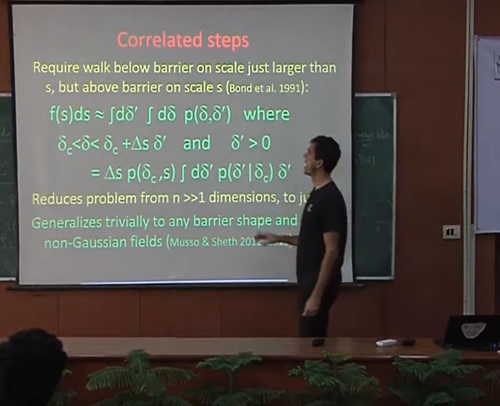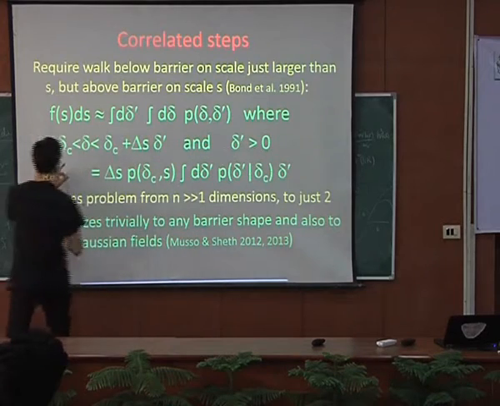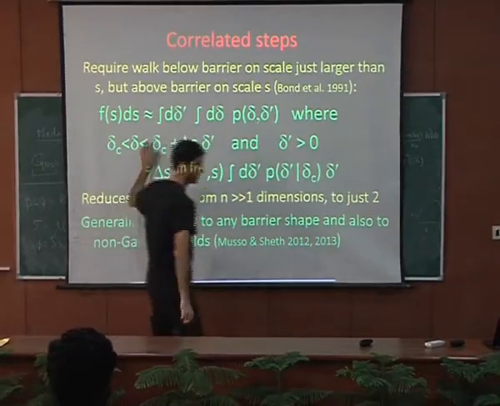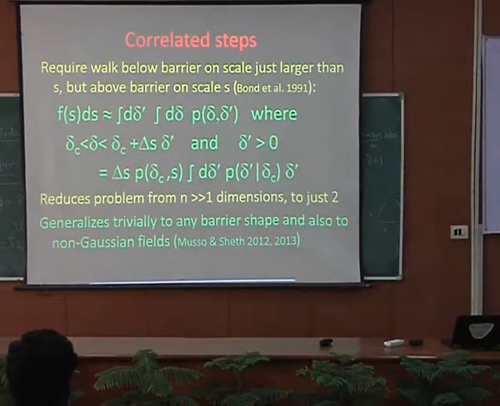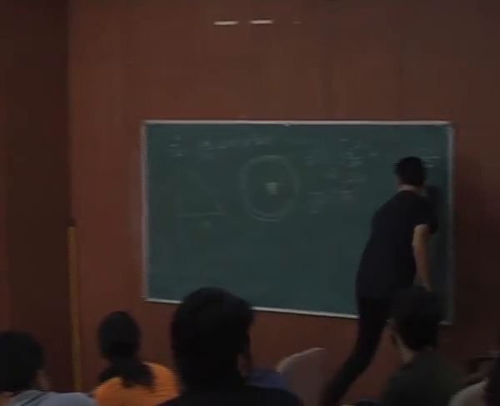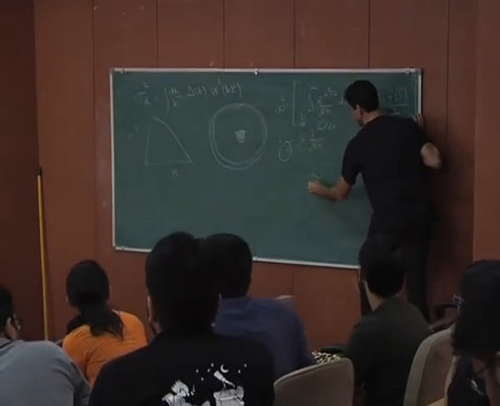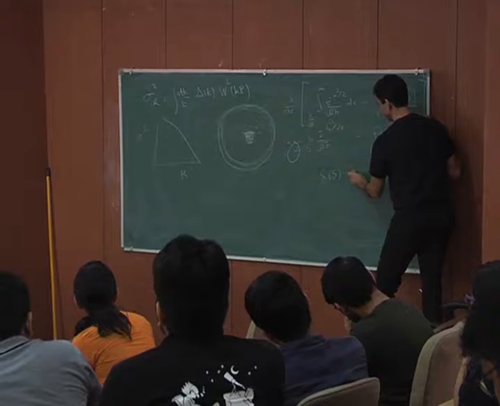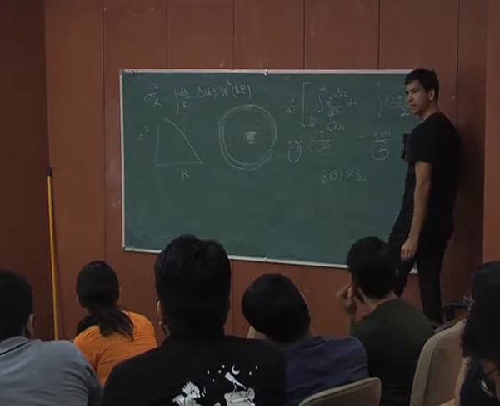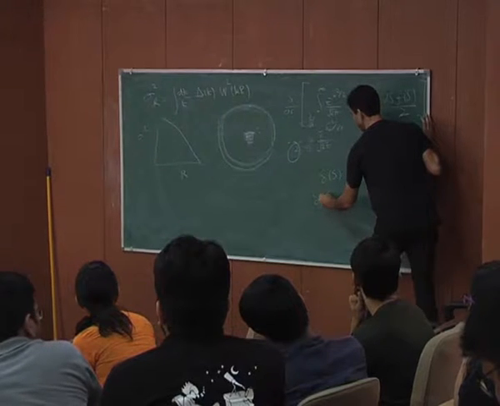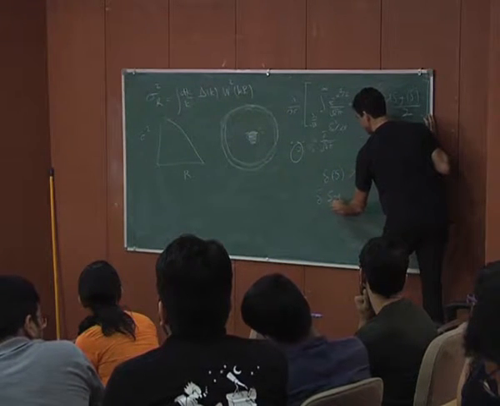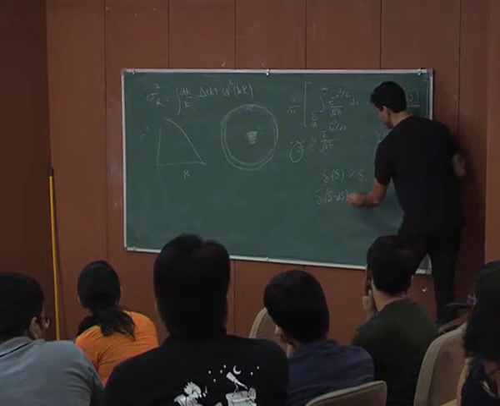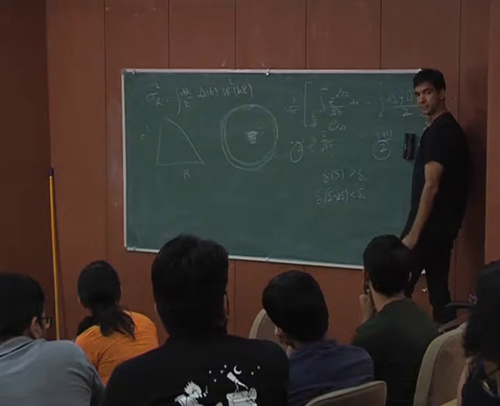Let me write this as two separate conditions and then derive this. What we really want is that delta on smoothing scale S is above delta C, and delta on smoothing scale S minus some delta S, so on some small previous step, is less than delta C. That's what we really want.